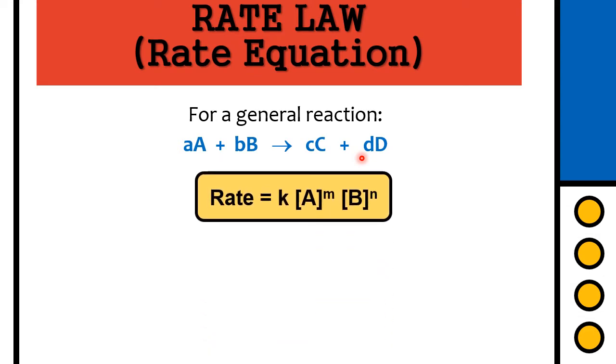This is your rate law: rate equals k, concentration of A to the power of m, and concentration of B to the power of n. Please look closely here. On the rate law, we only write down the terms for the reactants only, A and B. And the powers here, m and n, are not the same as the stoichiometric coefficients.